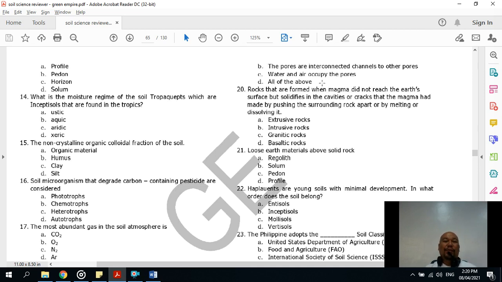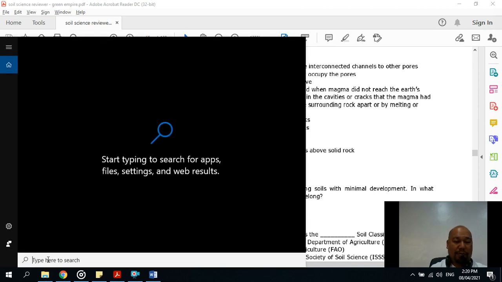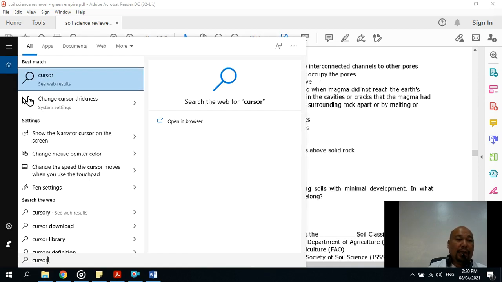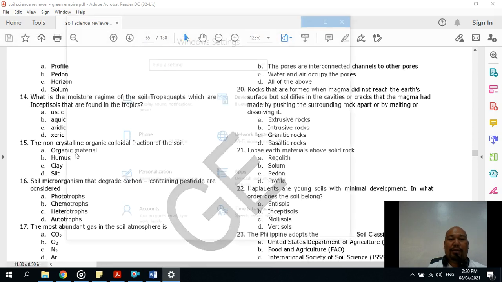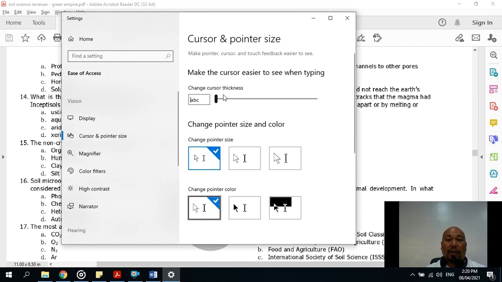Number 20. Rocks that are formed when magma did not reach. I think I need to make my cursor a little bit bigger. Change the mouse pointer color. Yeah. I want to change that one.